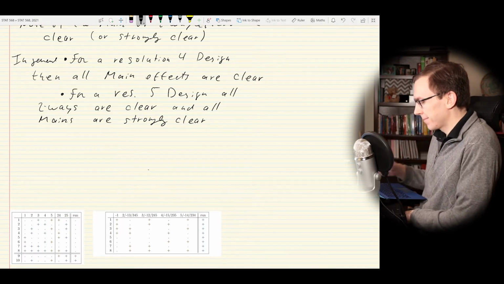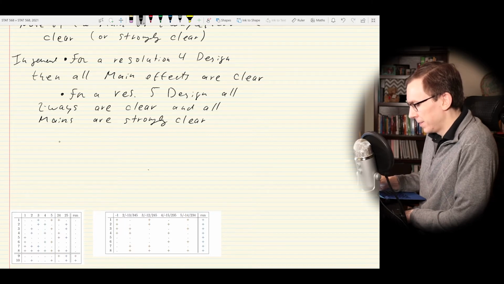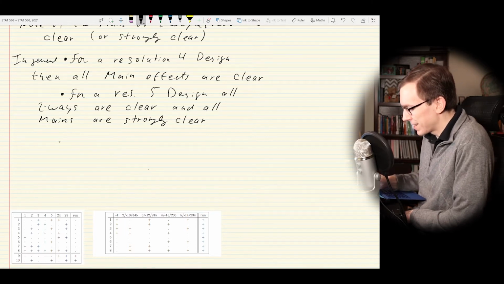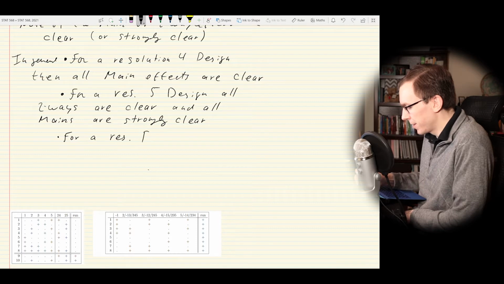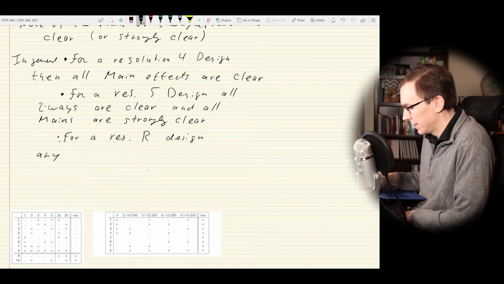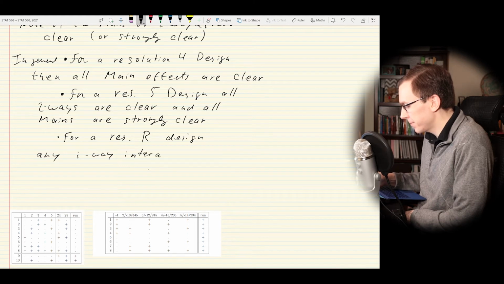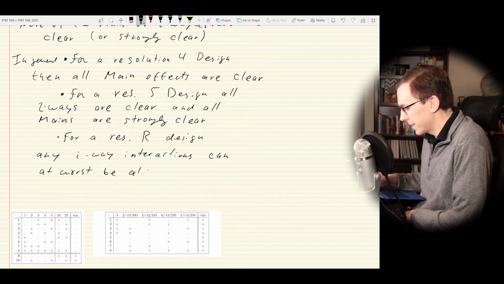But I'll say, in general, for a resolution R design, any I-way interactions can at worst be aliased with an R minus I-way interaction.